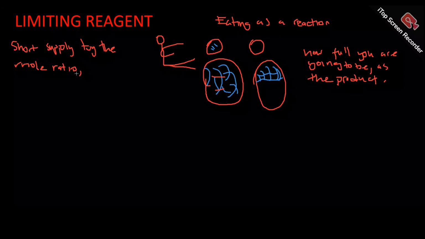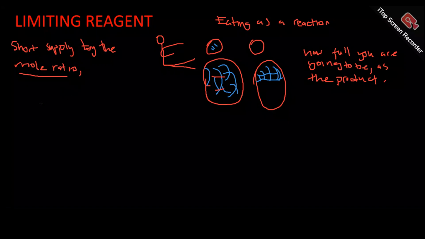It finishes first before other reactants are completely reacted. Now, we're not saying it is in short supply by the number of moles. Keep this in mind. We are saying short supply by the mole ratio.